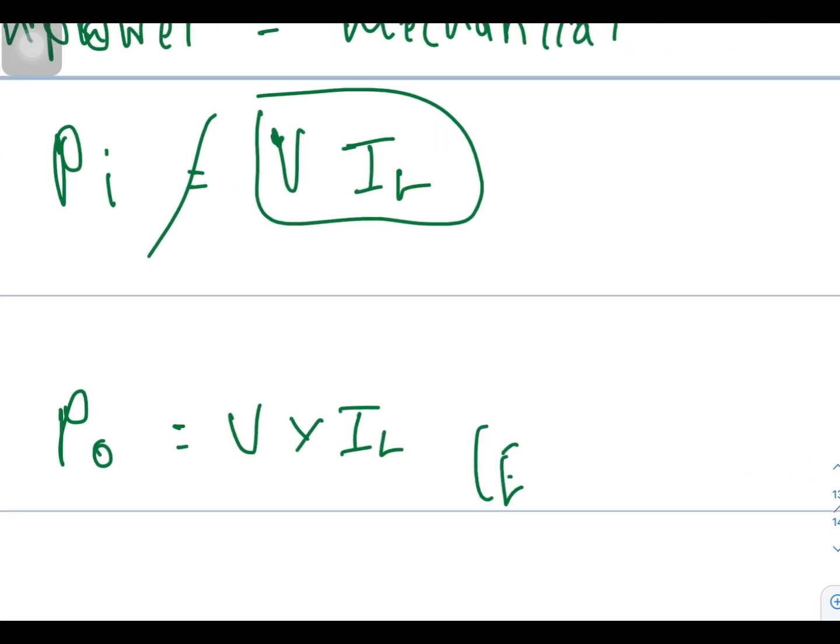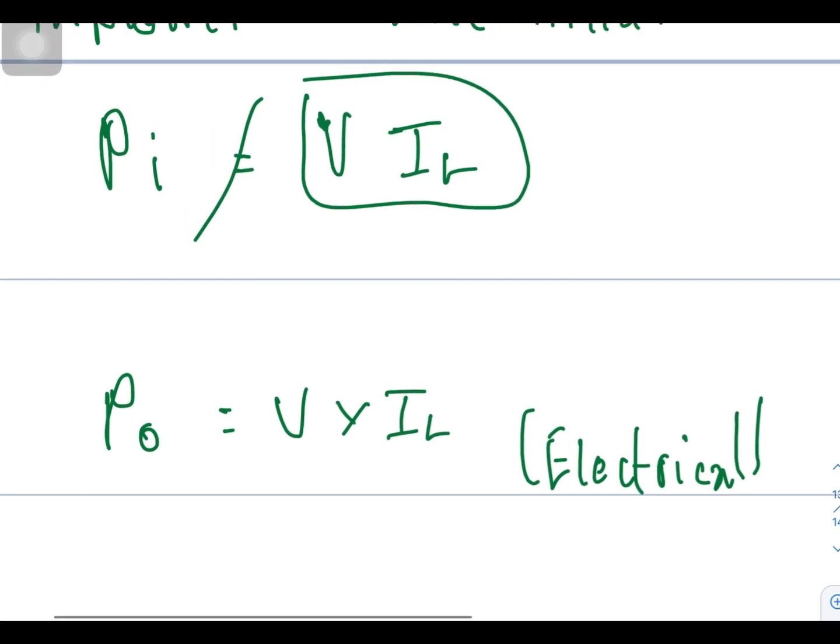It is electrical. That's the first thing you must ask yourself. Because in a generator the input power is mechanical. So you cannot use V times I to calculate input power. If I use V times I, that means I calculate what? The output power. Okay, so that is what I want you to see.